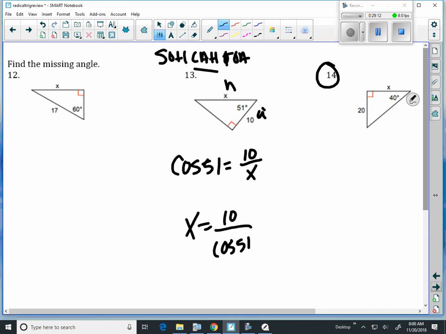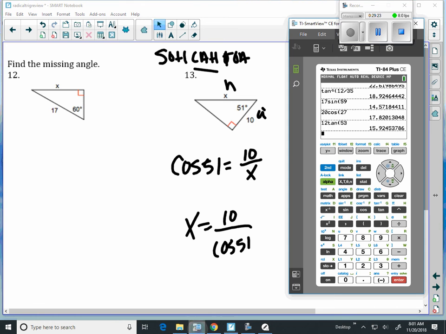When your variable is in the denominator, just switch them. And then you can put this in your calculator. So we have 10 over cosine 51, which is 15.89.